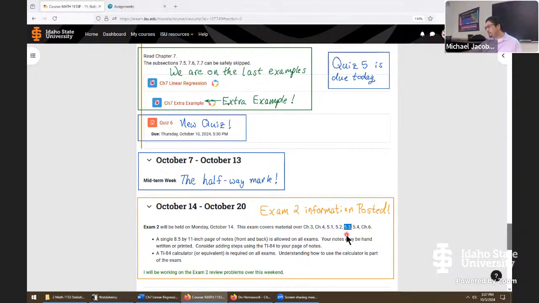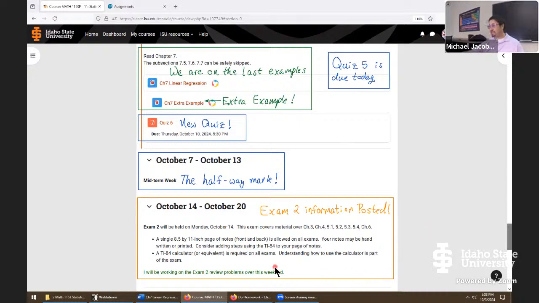So that means I'm not going to ask a question directly out of section 5.3. It's a good one to review a little bit, but we're going to emphasize 5.4 and definitely ask the questions out of that one. So this was kind of like a preview to the calculator, essentially.